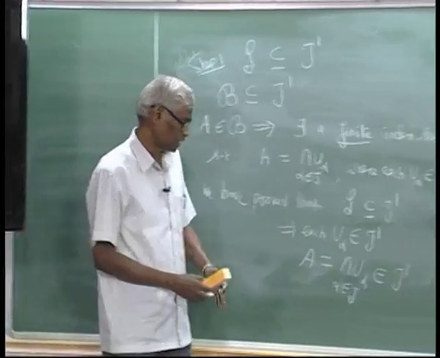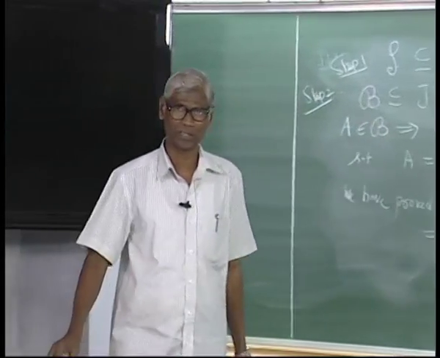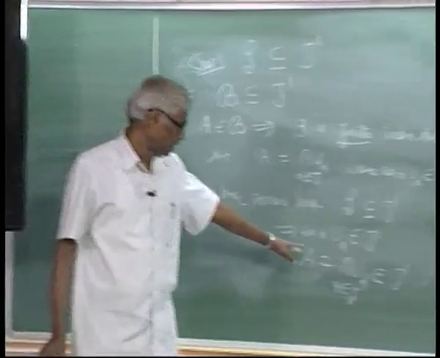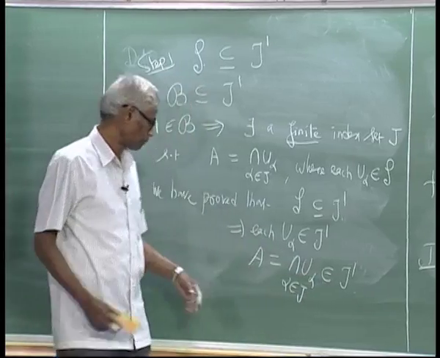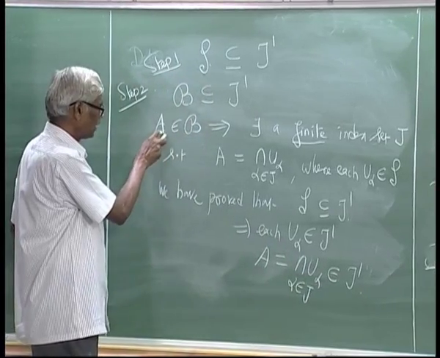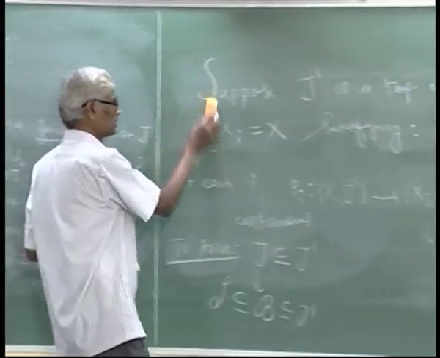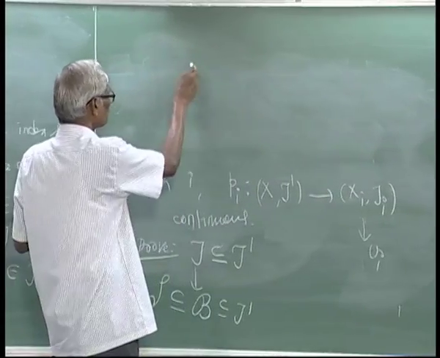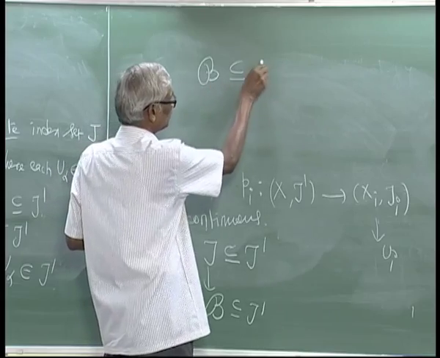Here we are using the fact that tau prime is a topology: each U_alpha is in tau prime implies the finite intersection of members of tau prime is again in tau prime. So, A in beta implies A is in tau prime, that is, we have proved that beta is a subcollection of tau prime.